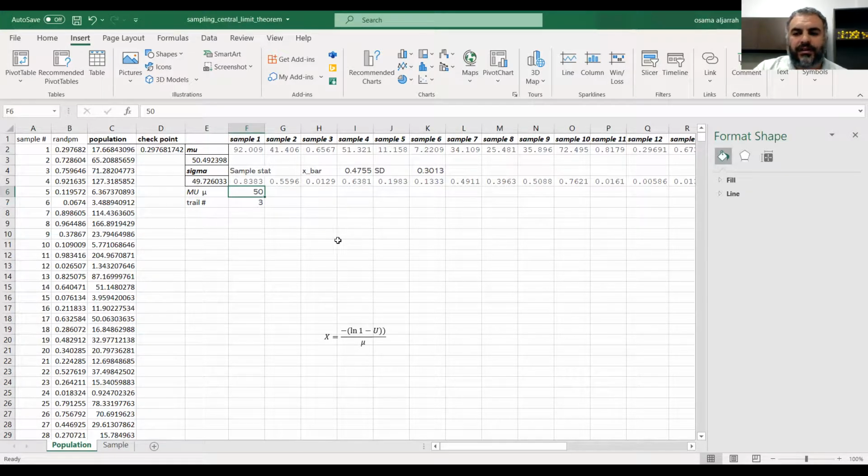In the exponential, you are talking about the time it took to make the service. Why is Poisson discrete? Because it's counting. Why is the exponential continuous? Because we are talking about time, and time is a continuous measure.